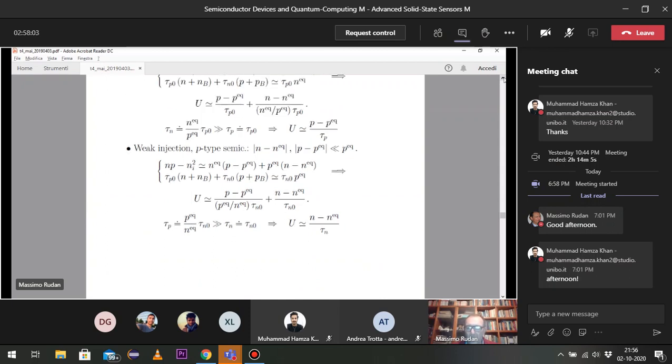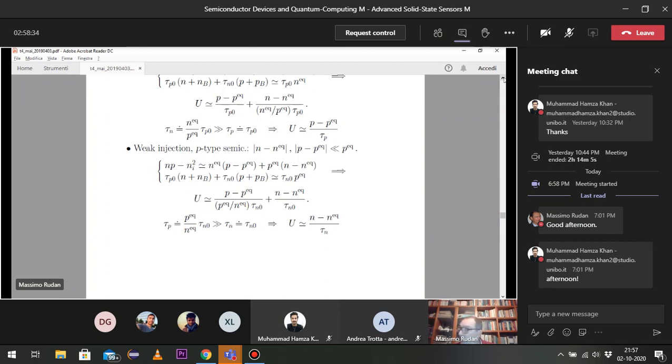We use the full form of the net recombination term. But if we have to proceed analytically, this approach is extremely powerful, okay? So this concludes the analysis of the thermal recombination rates that are the most important ones, okay?